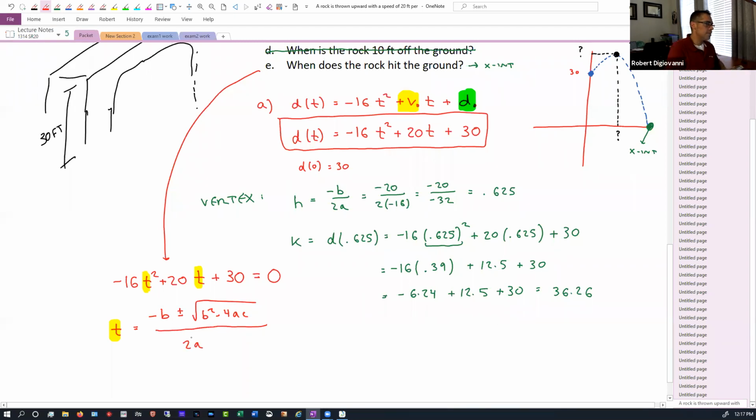So I'm going to just give you the answer here. I'm not going to plug any of that in. Okay, well, you know, I'll plug it in, but then I won't. I'll compute it in a minute. So negative b is negative 20 plus or minus the square root. Okay, b squared should be 20 times 20, that's 400, minus 4 times negative 16 times 30, all over 2 times negative 16.